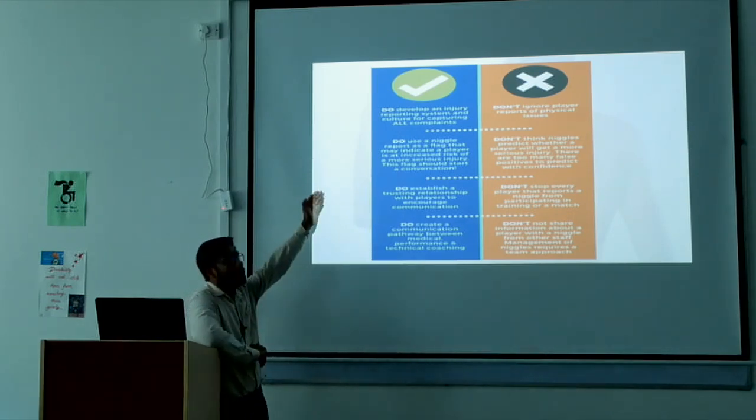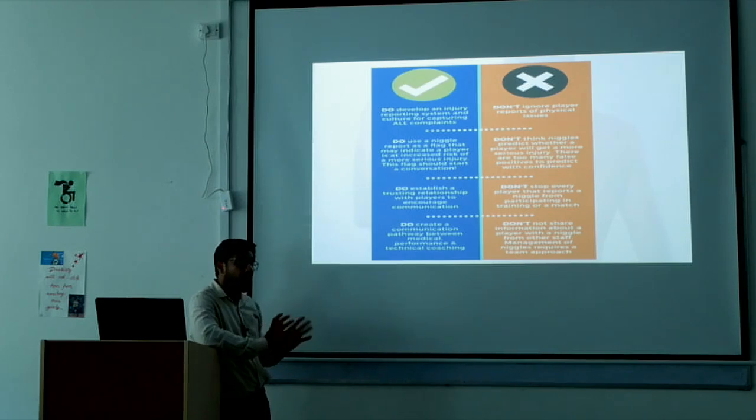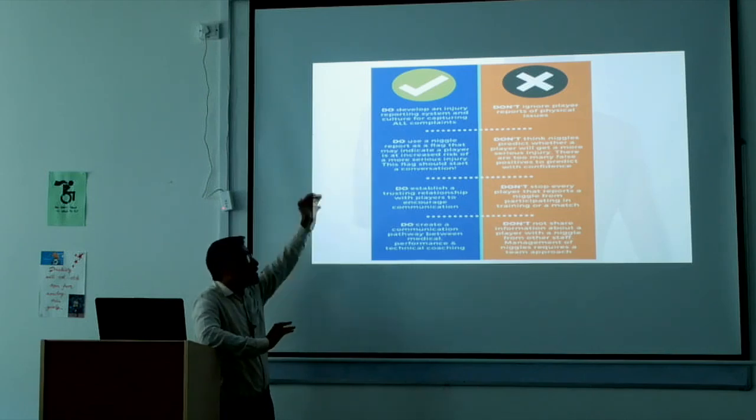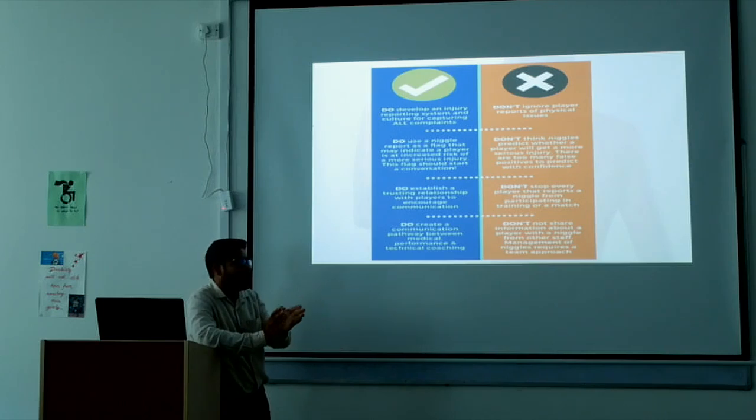First, do develop an injury reporting system where a person can report their injury to you. Second, we mark the injury with a flag. It can be yellow, red, orange, green, blue, anything. So we are devising a strategy so that the person can report that to you, and you can strategize what action to be taken.